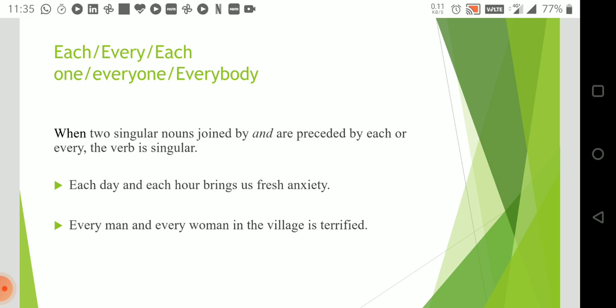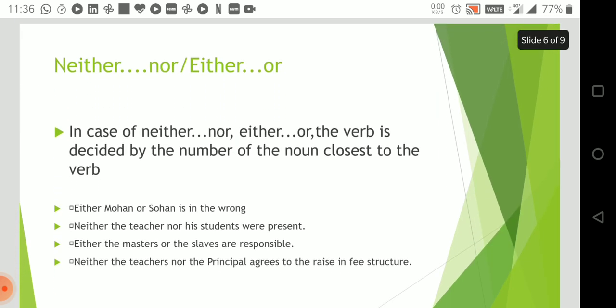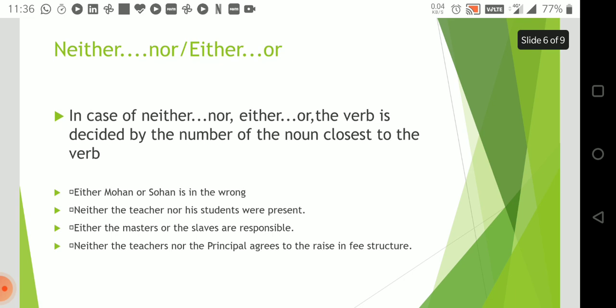Each day and each hour, both the nouns are separated by means of a connective and here, and therefore the verb used here is brings, that is a singular verb. Because of the presence of each, they are considered to be one unit. On the other hand, every man and every woman, since it is considered to be one unit, the verb used here is is, and that is singular.